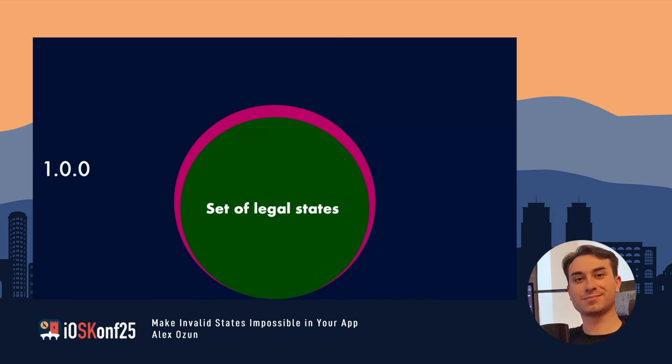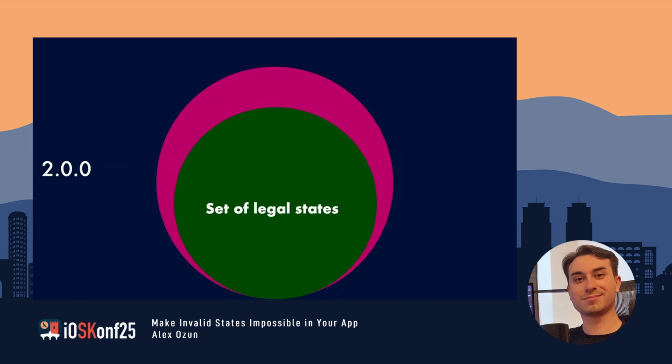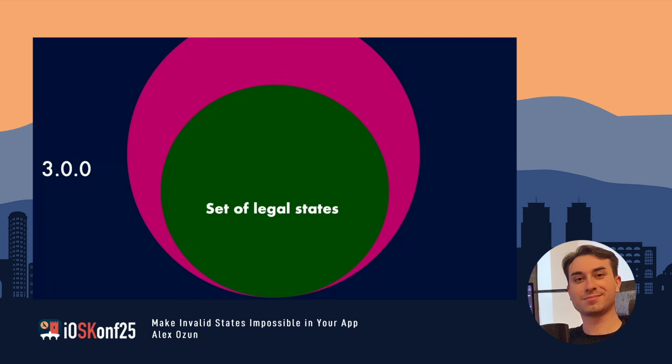And look, sometimes it's impractical to always model our state in a way that only permits legal states. Sometimes you will have to make compromises, maybe for convenience, and we'll handle these illegal states dynamically. That's fine. What is not fine is to go from version 1 to version 2, where we have a bit more illegal states, but then the illegal states grow, and then they grow even more, and you don't control this difference.